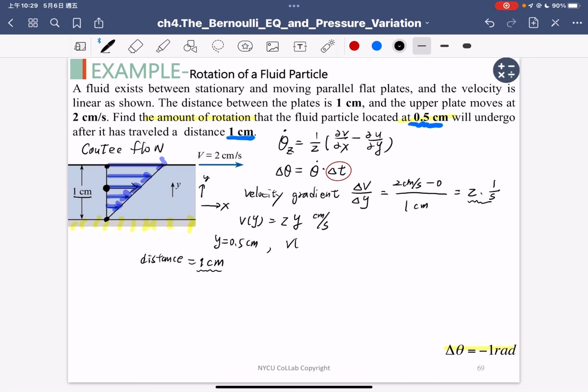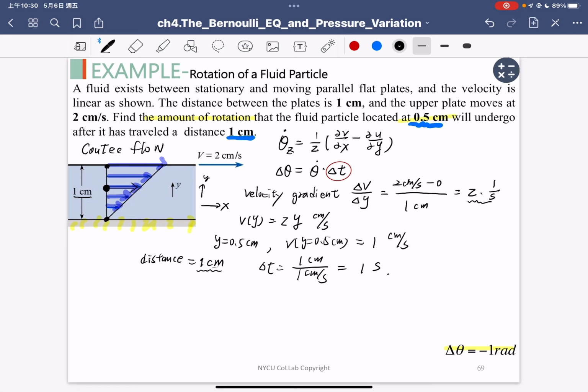So we know that y is equal to 0.5 centimeter, and the velocity is equal to 1 centimeter per second. That's much easier to calculate. And we have the 1 centimeter travel distance. So the delta t is the 1 centimeter travel distance divided by 1 centimeter per second. So delta t is 1 second, right?